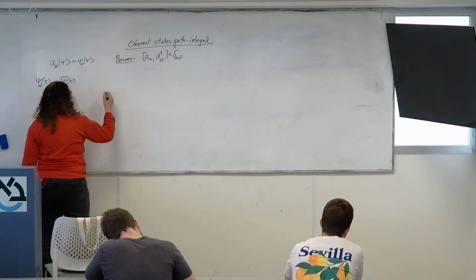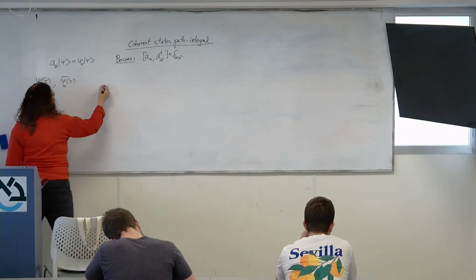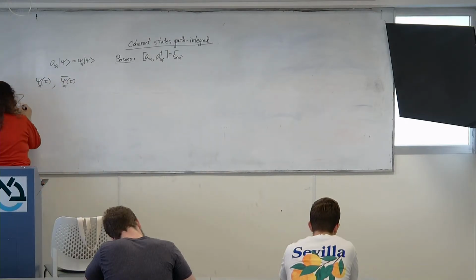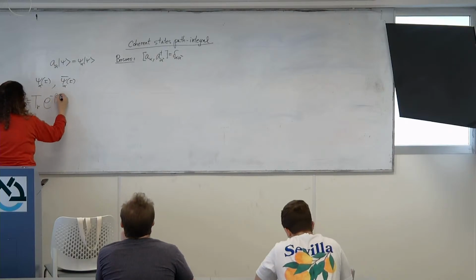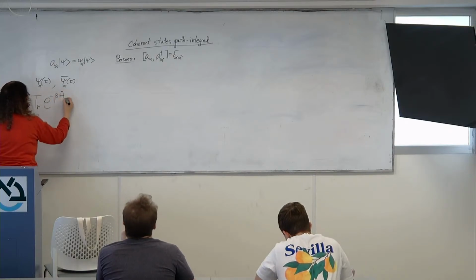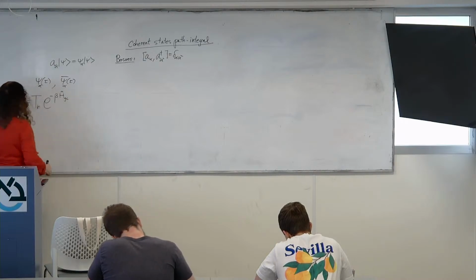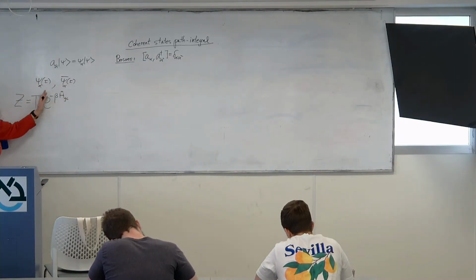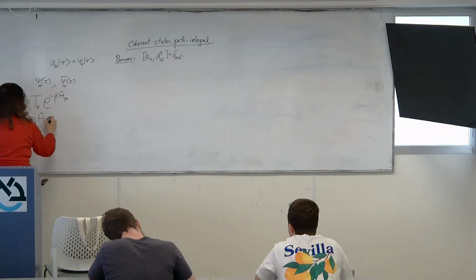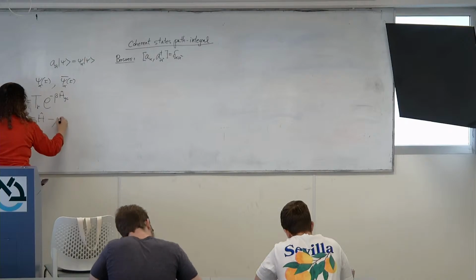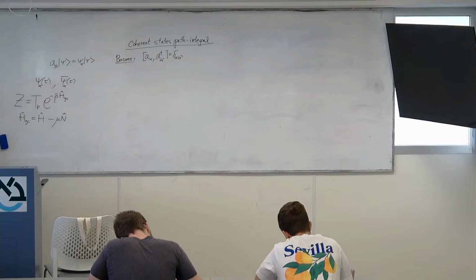Then what we found is that the partition function, which I remind you is generally defined as a trace over the Boltzmann factor, where H grand canonical is the Hamiltonian operator minus mu n, where n is the total number operator.